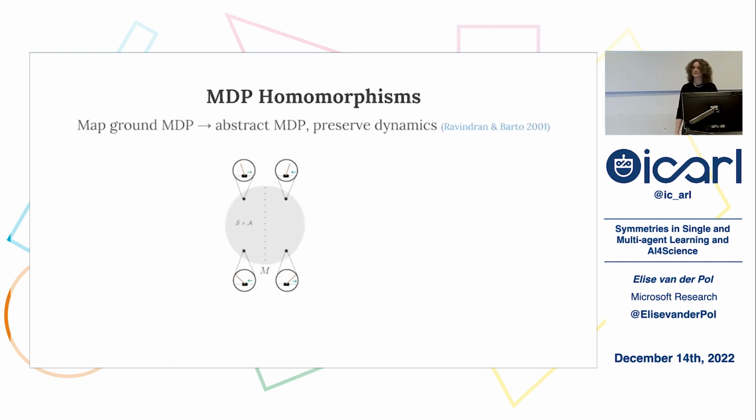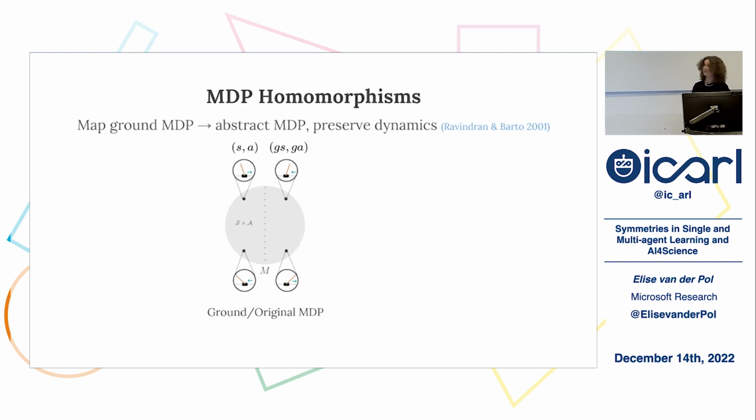So then it's from there not such a huge leap to an MDP homomorphism, where the algebraic structure is just two MDPs and the structure preserving is preserving the dynamics of the MDP. So we have some ground or original MDP. In this case, it's the Carpool problem again, where we have some symmetry over the vertical axis.